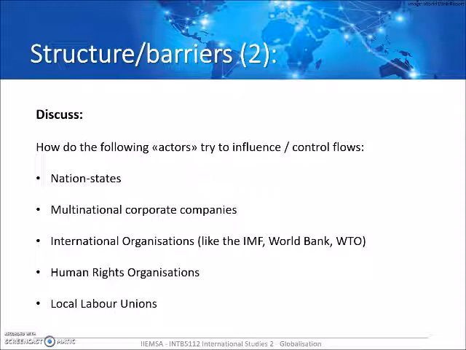If we look at nation states, that's countries, a country's number one interest is usually their own people, or at least it should be, or their own well-being as a country. So they're going to try to control or influence flows for their own benefit. For example, they're going to have immigration policies that limit the immigration of people from other countries to a certain degree, because they want to prioritize giving jobs to their own nationals instead of foreign people coming into the country.